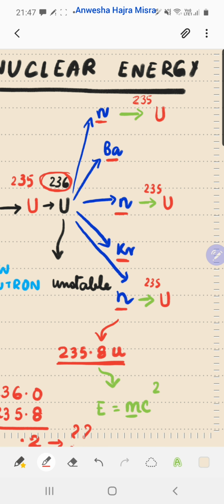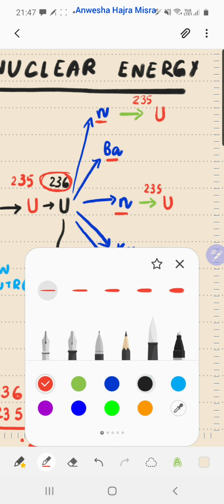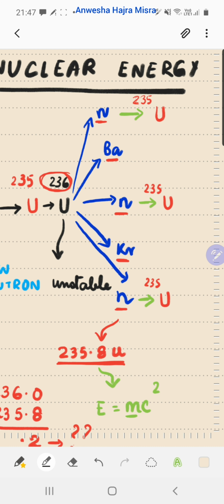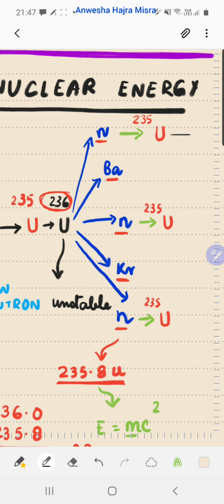It turns to uranium-236, which is again very unstable.